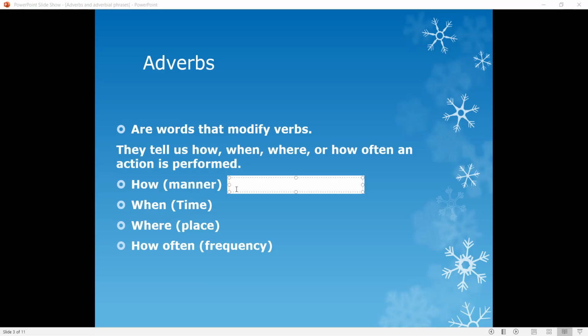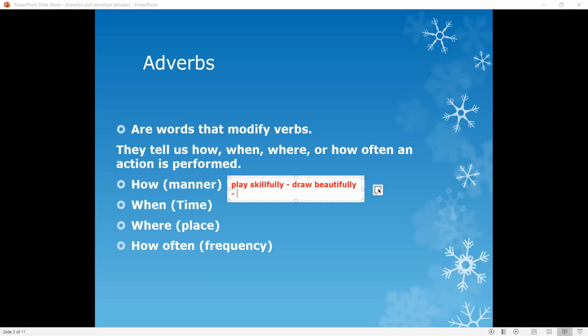Like we have an action like play, for example, skillfully. He plays basketball skillfully. She draws beautifully. All right, there are usually words that end with ly, usually, not always.